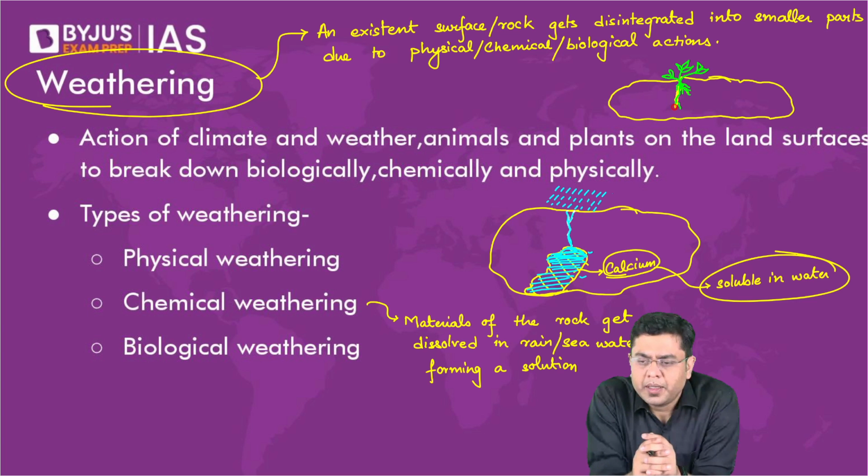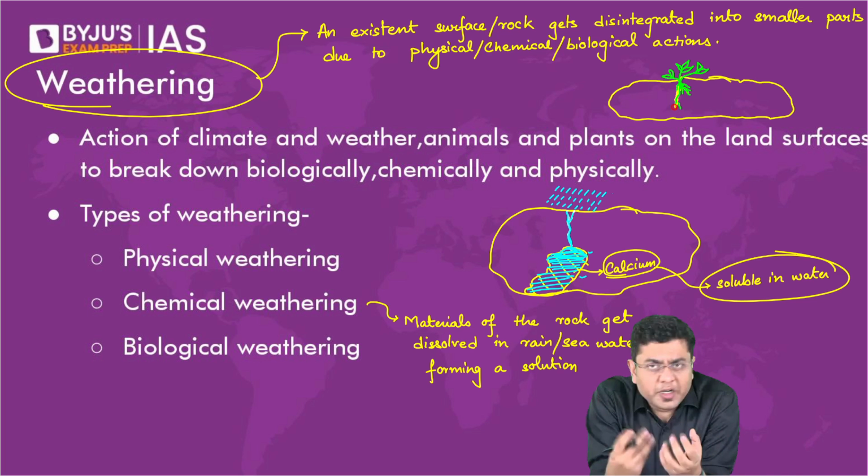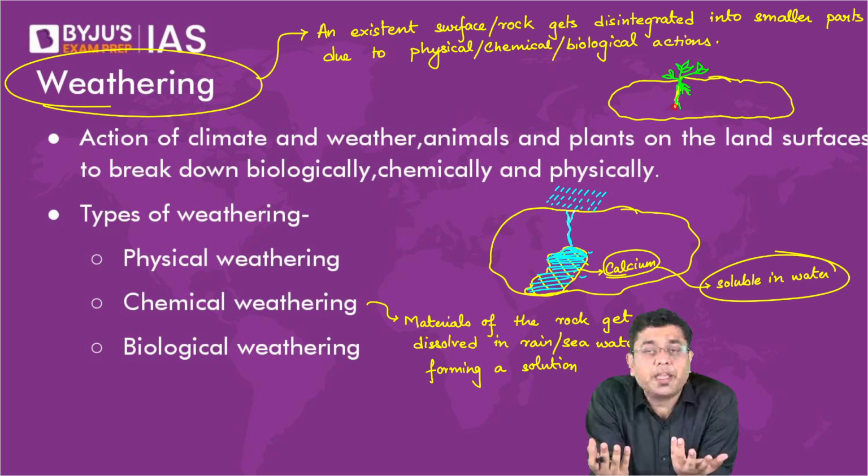So basically, out there in nature, all these events of weathering happen simultaneously. They happen at the same time. The physical weathering weakens the rock structure and creates cracks through which the plants will grow. The plants will also secrete certain substances which will dissolve certain materials of the rocks, leading to chemical weathering, and that will further enhance the breakage of the rocks.